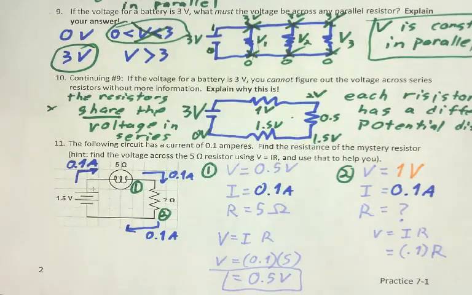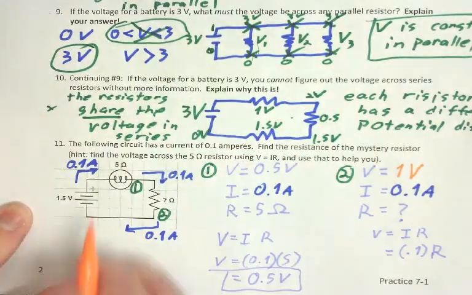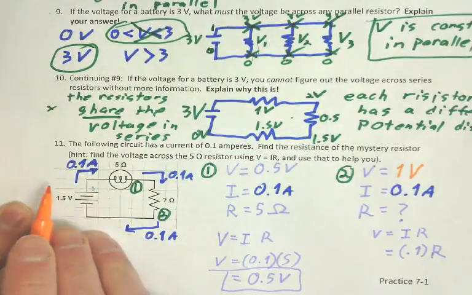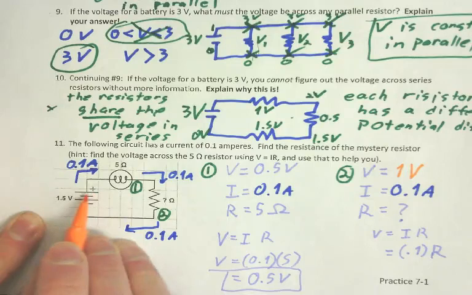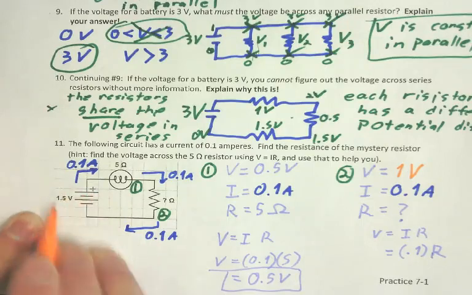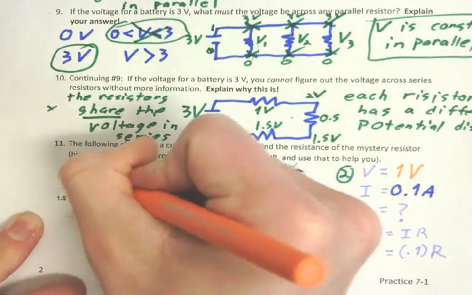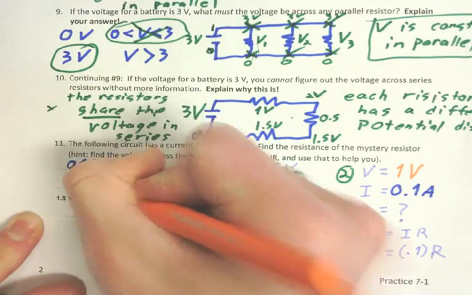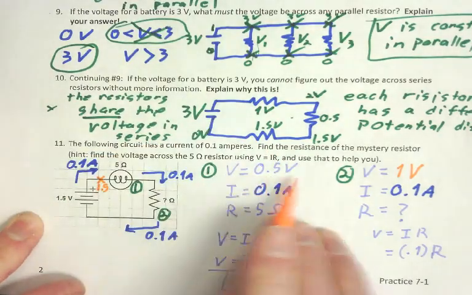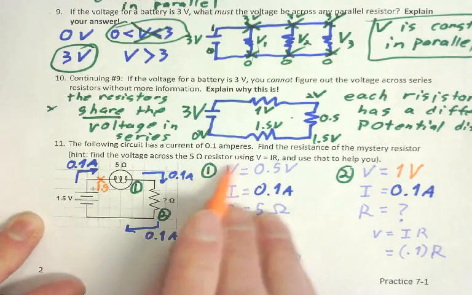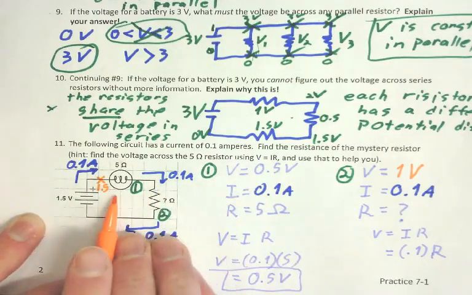To do it a little bit more mathematically, we're going to find the potential difference. The potential difference at the start of the battery is always the value of the battery. So the voltage here, 1.5. If this has a voltage of 0.5, that means this is the difference from the left to the right.